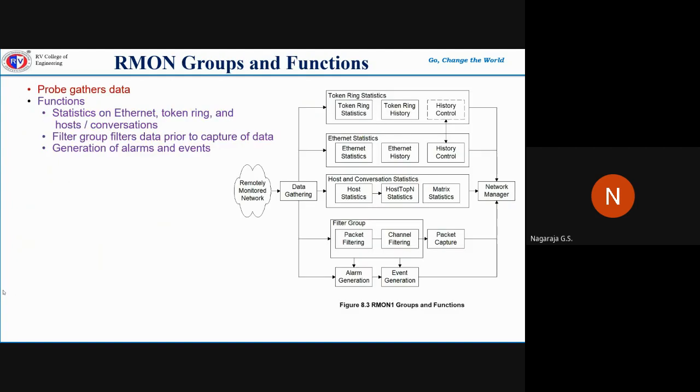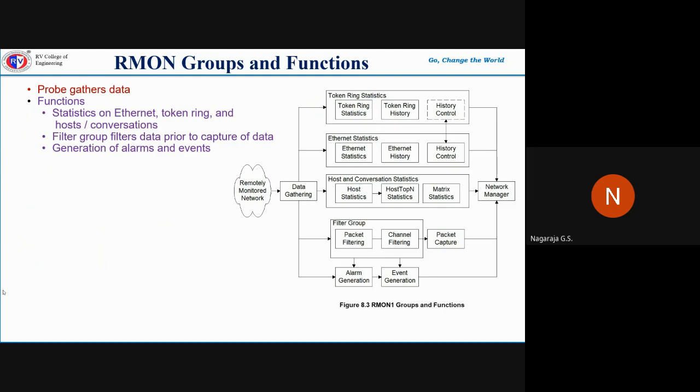Let me move further. That is relating to RMON groups and functions. This is a very important aspect, because the moment we talk about RMON, we need to follow the various groups which are available. By looking at the diagram on the right-hand side, you can understand the various groups present in it.